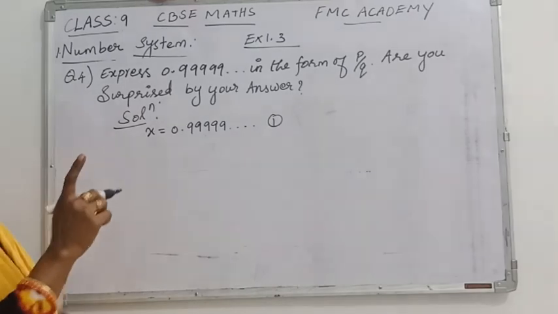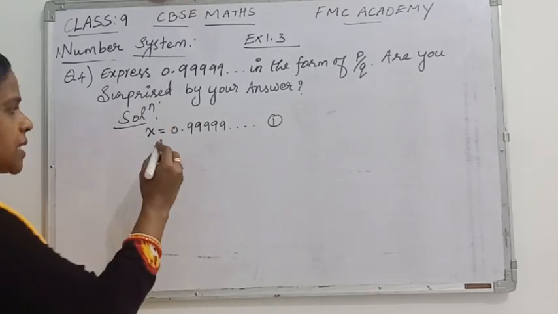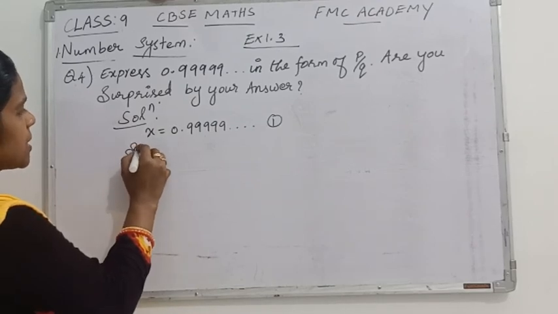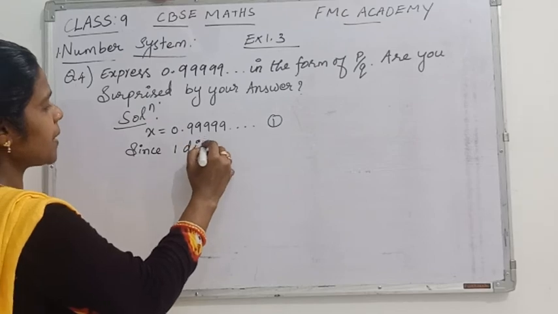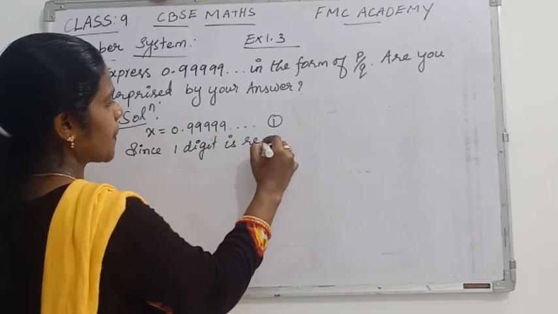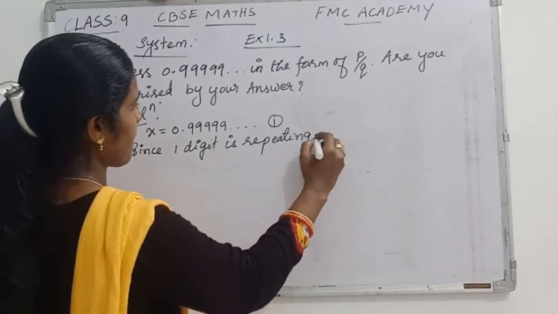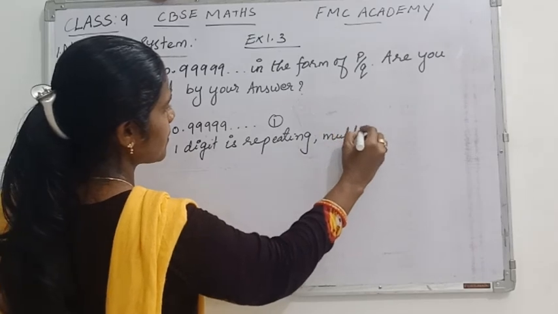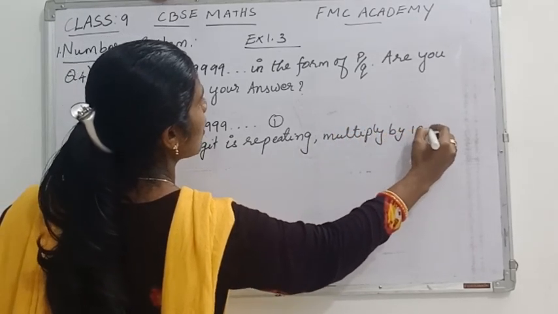Here only 9 is repeating, only one digit is repeating, so you will multiply by 10 on both sides. Since one digit is repeating, multiply by 10 on both sides.